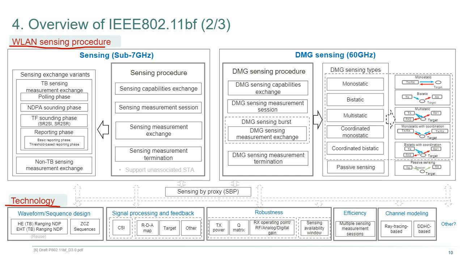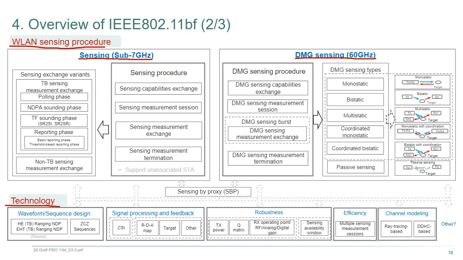For procedure, we have 2 different categories classified by the frequency band. We have the sub-7 gigahertz sensing procedure, and we also have our DMG sensing procedure in 60 gigahertz.